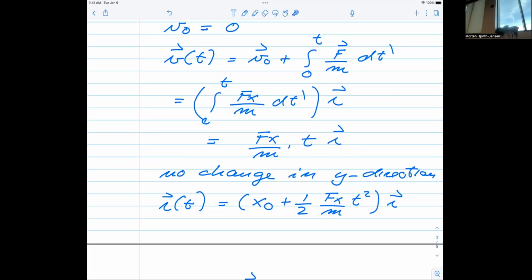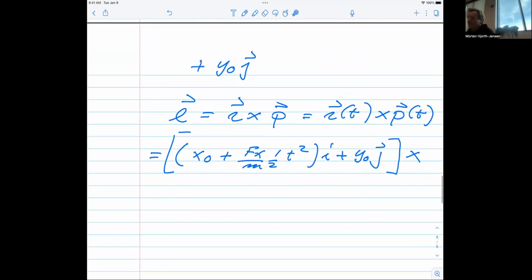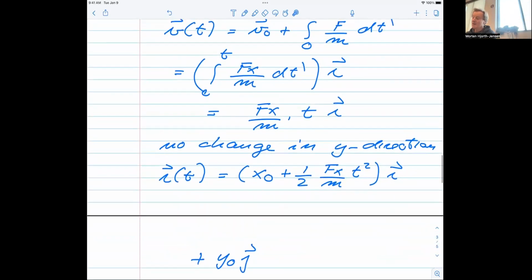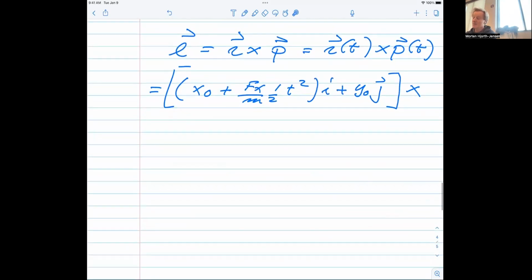So when I then multiply this, I only need to take the cross product. And this gives us simply, if we now look at what we have here, so this is the velocity. If I multiply that with mass, this gives me simply f of x, and I don't divide by mass, because now I'm going to have the momentum, which is velocity times mass, and then I have times t, and then I have times the vector i.